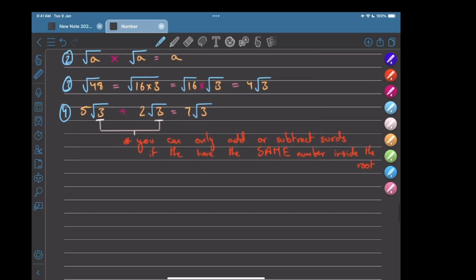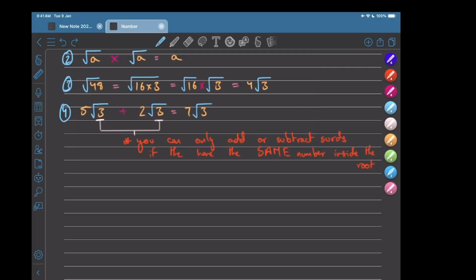And now finally, this is where many students get a little confused and make silly mistakes, which is 5 under root 3 plus 2 under root 3. If the under root values are the same, that's when you can add or subtract. Whatever your case is, you can do it. You can absolutely apply the operation to the whole number at the beginning.